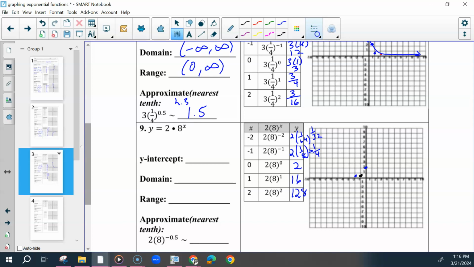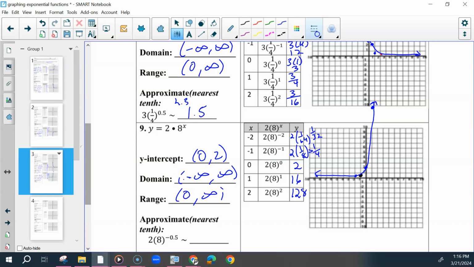Let's pretend it's here. So then that y-intercept, because the a value was 2, that's going to be (0, 2). Domain's the same. Range starts at 0 and it keeps going to infinity.